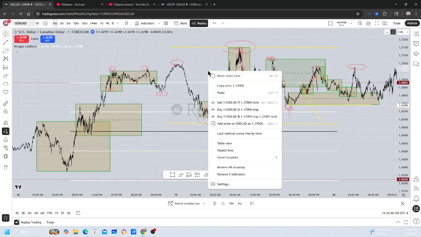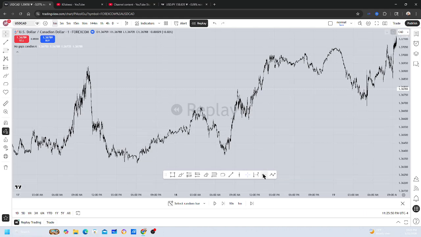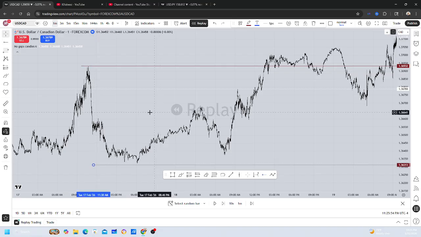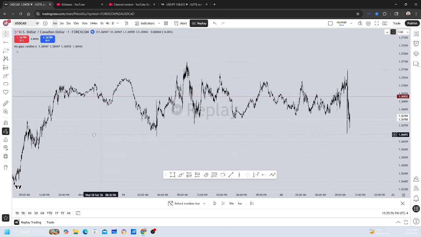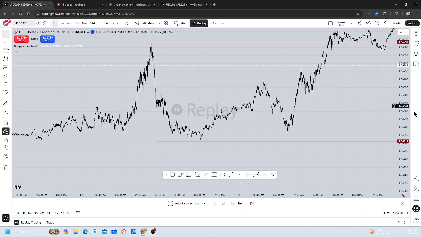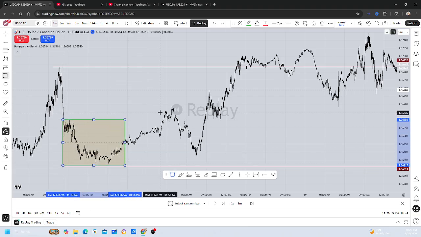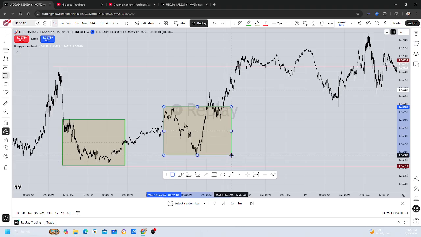So now look. Let me clean up this and start over, make it look better, because it's probably confusing. So we have this, right? And then we have this range. We have these swing counts here. We have 2 swing.